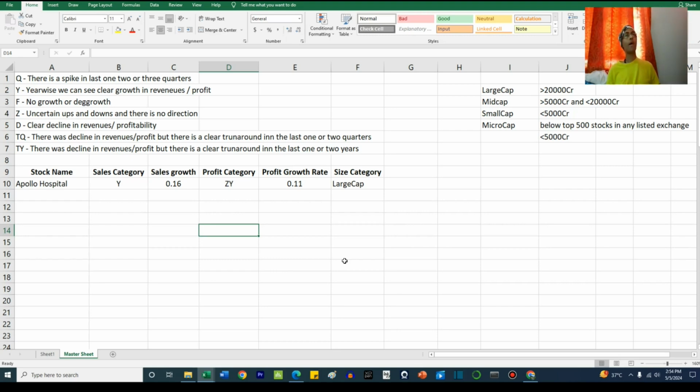So that's why we have to bifurcate the stocks into the categories of large cap, mid cap, small cap and micro cap. This is one reason, that is we want to create an entire portfolio which is complete in itself, and it consists of large caps, mid caps, high growth stocks, potential multi-bagger stocks, small caps, micro caps, etc.